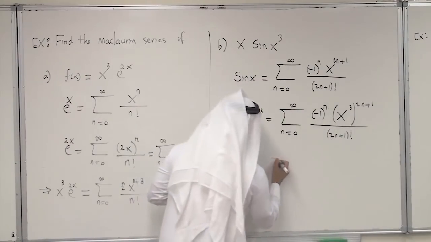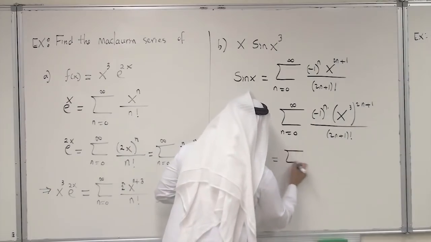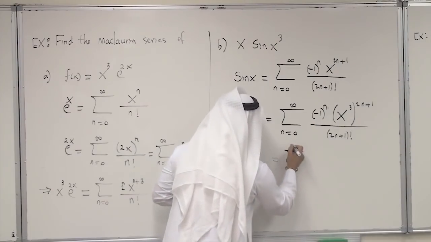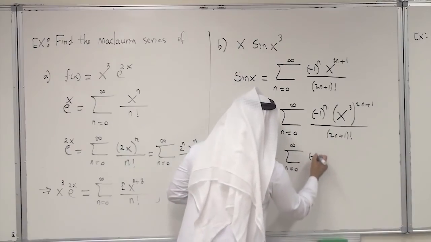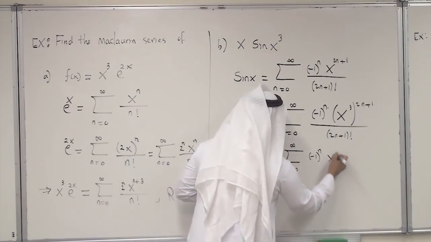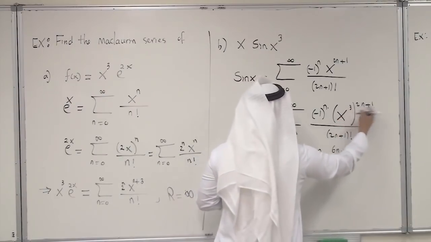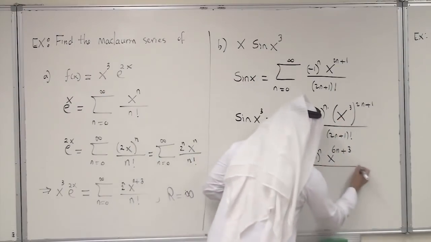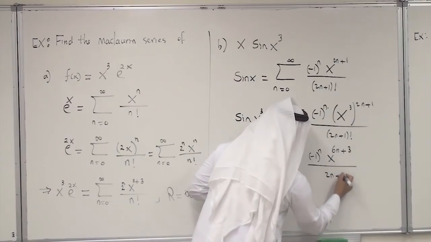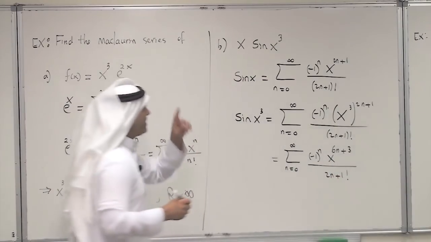Simplifying. So this will give n equal to 0 up to infinity, minus 1 to the power n, x to the power 6n plus 3, 3 times 2, 3 times 1, all over (2n plus 1) factorial. Fine. Last step.